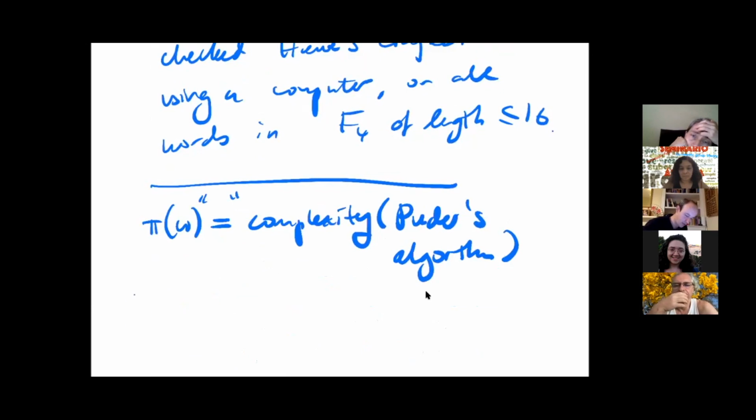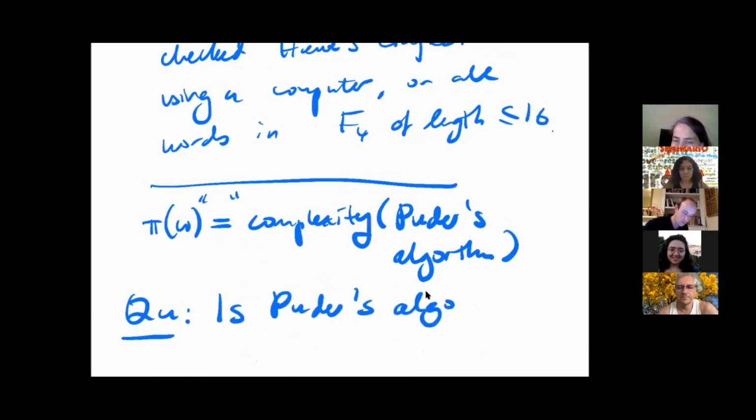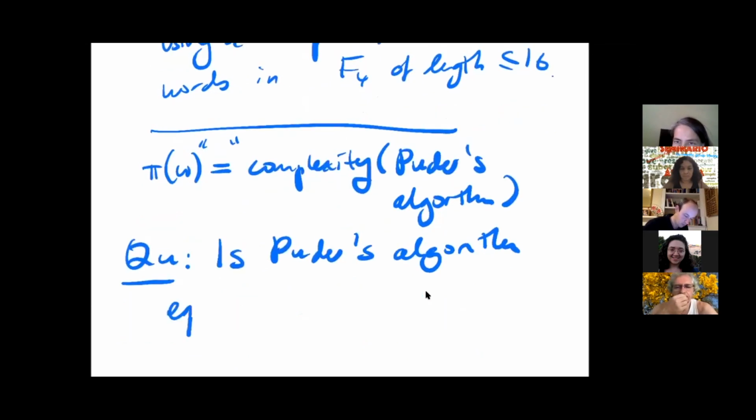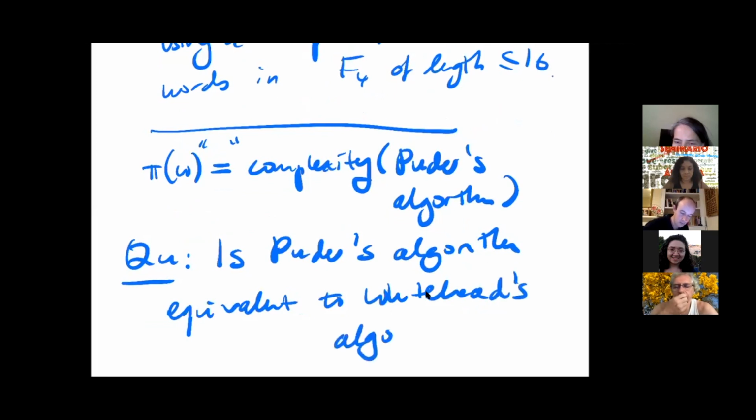And then a question that you might ask is: is Puder's algorithm equivalent in some way to Whitehead's algorithm?